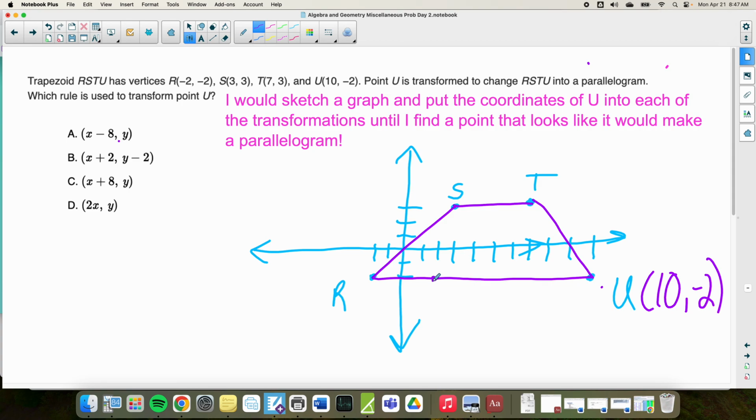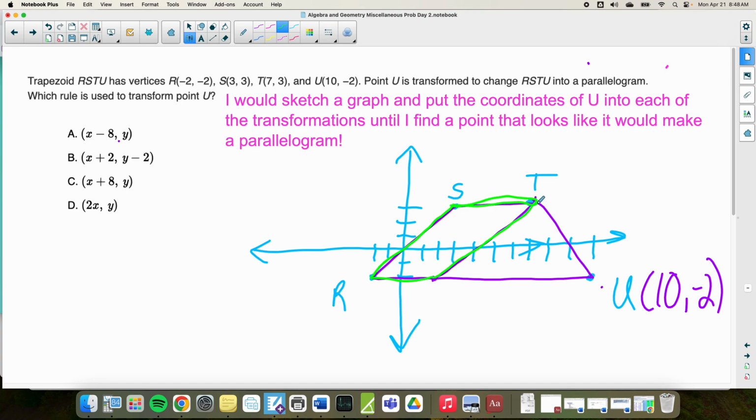That doesn't really look right, but it is. So do you see how this is 1, 2, 3, 4 between these two? This is 1, 2, 3, 4 also. So that this right here is a parallelogram.